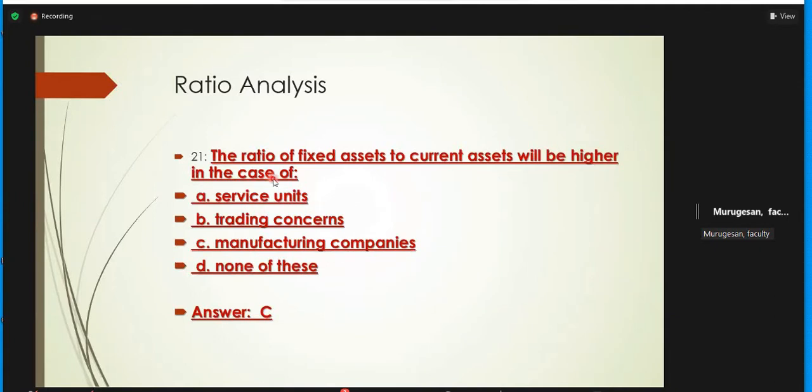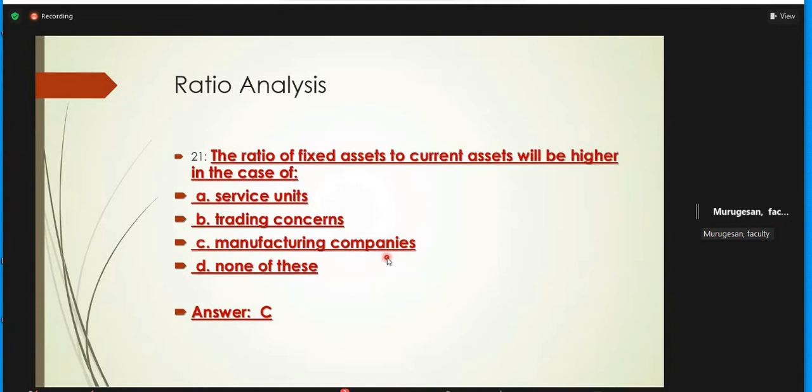That is why the ratio of fixed assets to current assets will be higher in a manufacturing company. It's a simple question, but don't miss it, because as a banker you have to analyze and interpret which unit will have more investment. Normally a manufacturing unit has more investment because you have to invest heavily in land and building, furniture and fitting, and plant and machinery, but such heavy investment is not needed for running a service unit or a trading unit. Got it? It's a simple question.